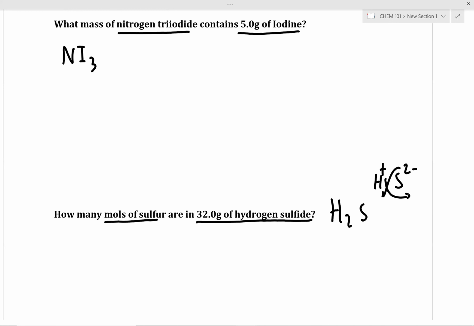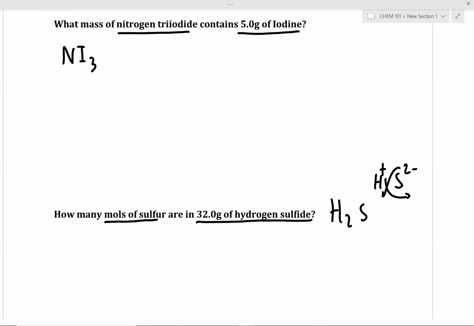The first one, I'm asking for the mass of nitrogen triiodide. Yep. But the second one, may I check? Yes, the only thing they'll need to go from grams of iodine to moles. But otherwise, it's very good.